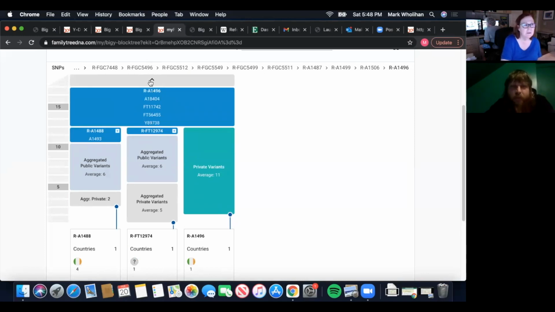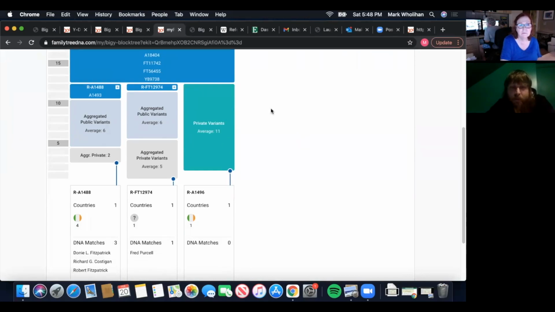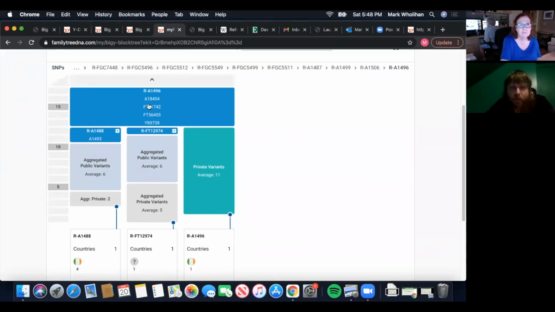If you click on this up arrow, it takes you to the next ancestor up in the tree, which is A1496, because you always name them by the top number in the block. The top number on the block here is A1496.